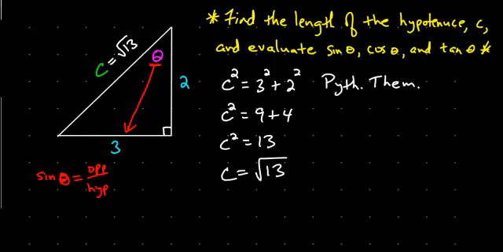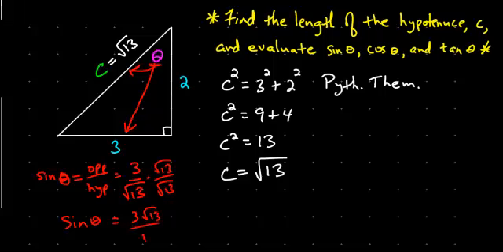So that's going to be 3 over the hypotenuse, which is the square root of 13. We should have rationalized enough denominators now that we know to multiply by root 13 over root 13 to get that sine theta is 3 root 13 over 13. That would be the mathematician's answer.